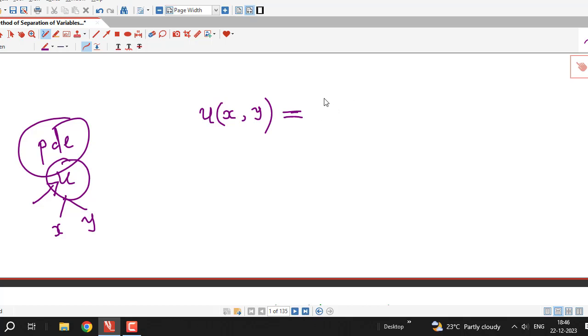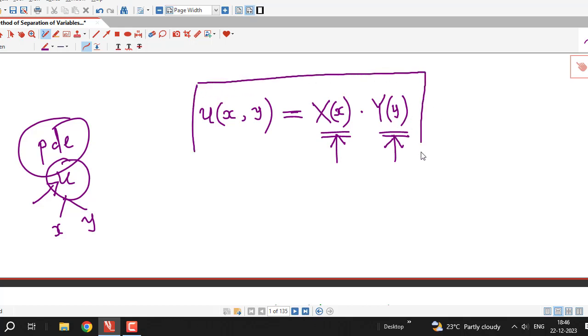So we will assume that the given equation has a solution of the form capital X into capital Y. That is, the solution is the product of functions of x and y. It is the product of a function of x only into a function of y only.